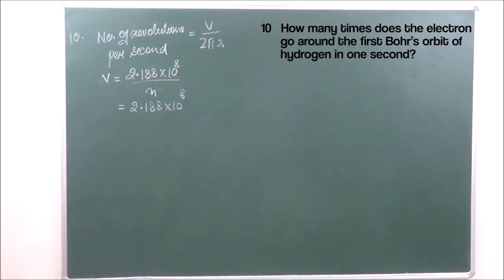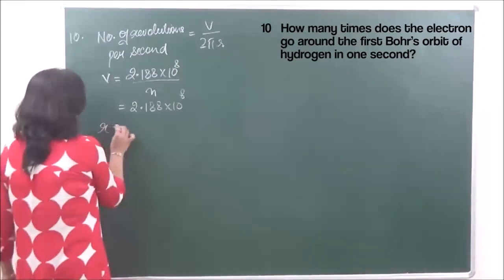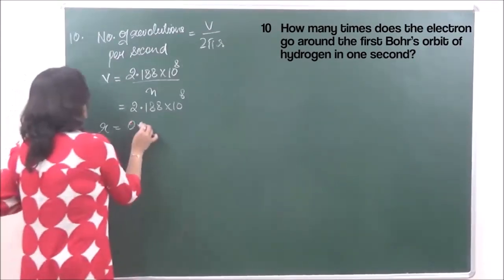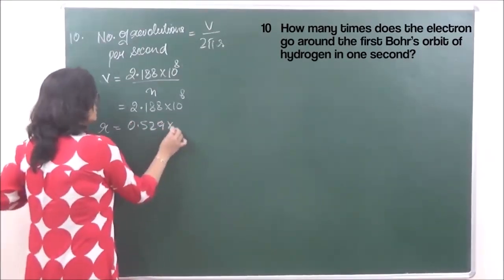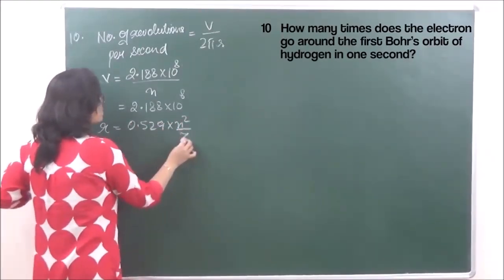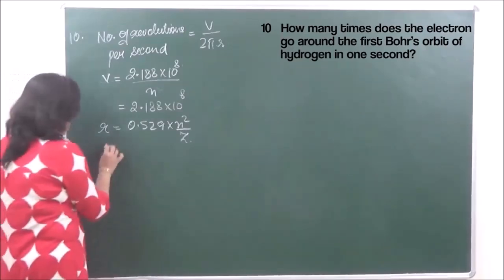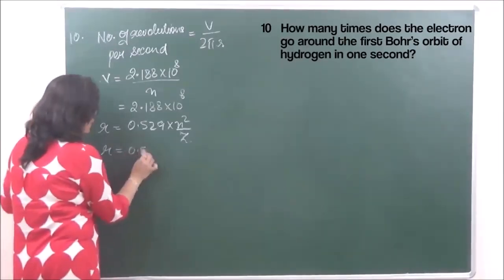We also have to calculate r over here. What is the value of r? 0.529. Right? Now over here, n is also equal to 1 and Z is also equal to 1. So r will be equal to 0.529.